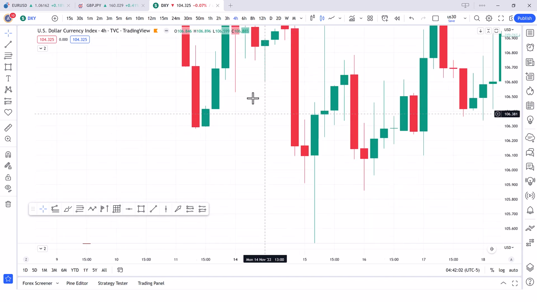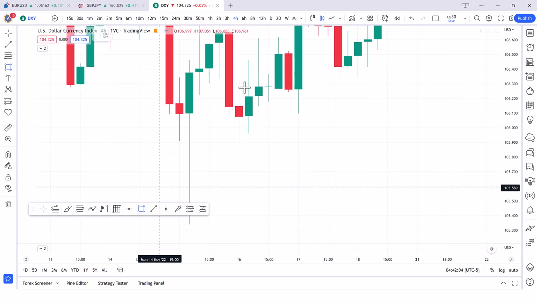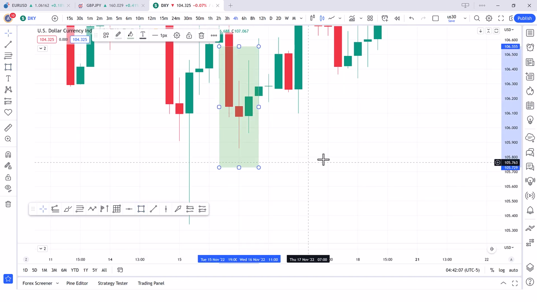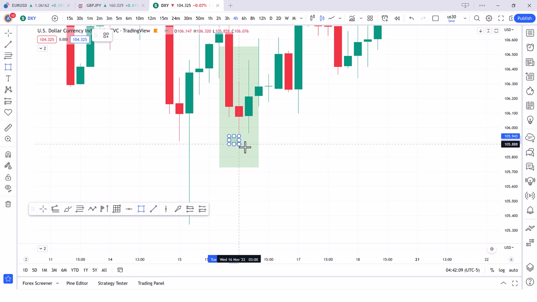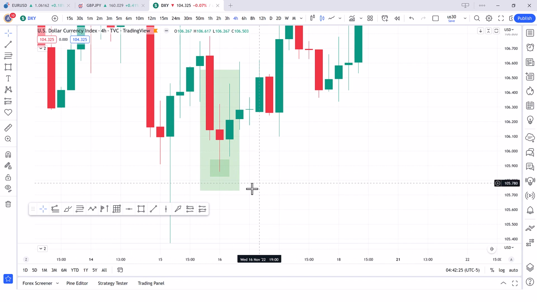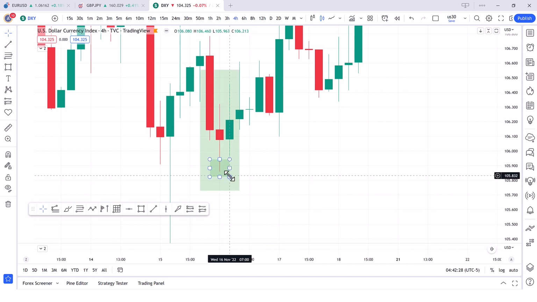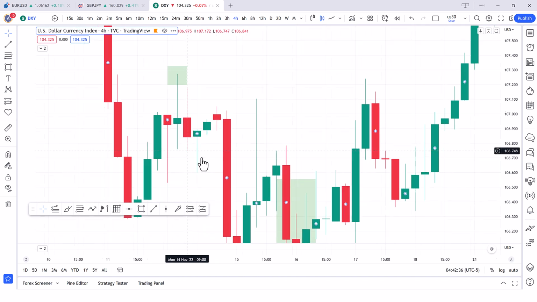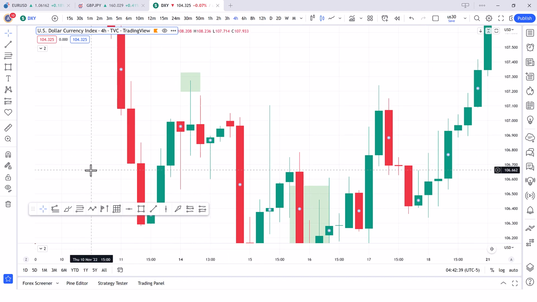A swing point low is also a three candle formation, for example here, in which the low of the middle candle is lower than the left candle and the right candle. We count the shadows as the highest or lowest point of the candle, not the open and close of the candle. So when the shadow is lower or higher than the two candles beside it, it's a swing point. For swing point lows, we use SPLs, and for swing point highs, we use SPHs.